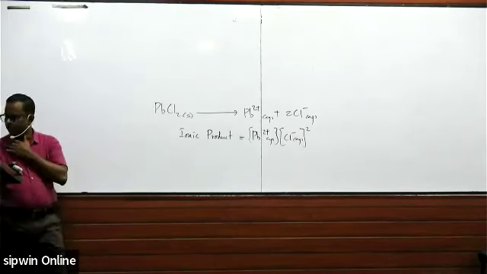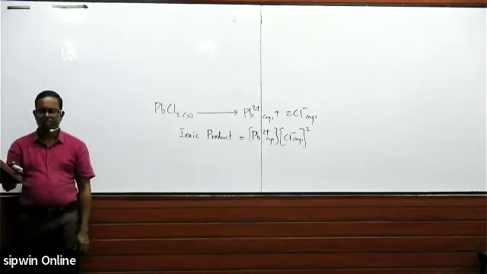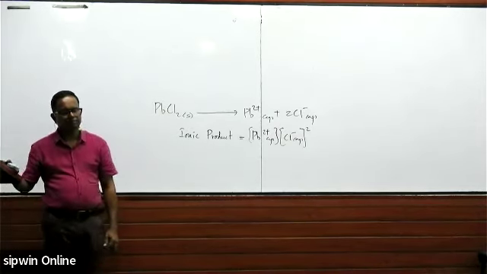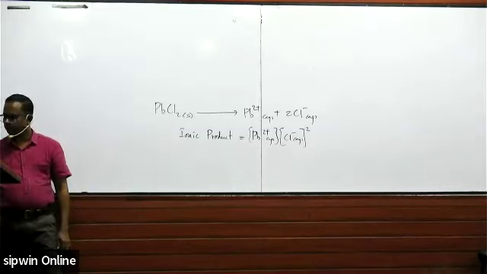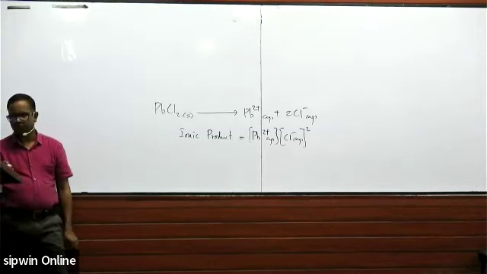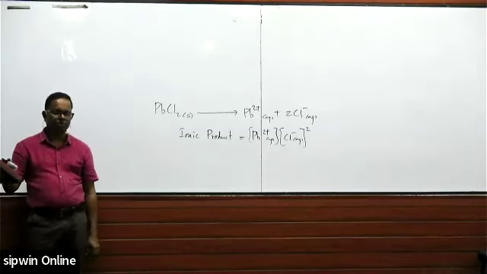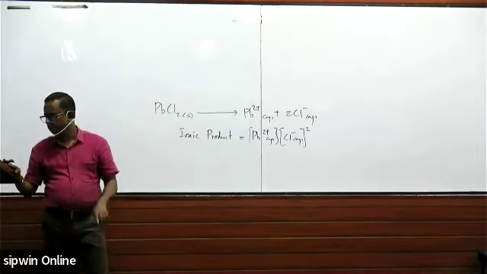Next line. The ionic product reaches the maximum when the solution reaches saturation. Full stop.